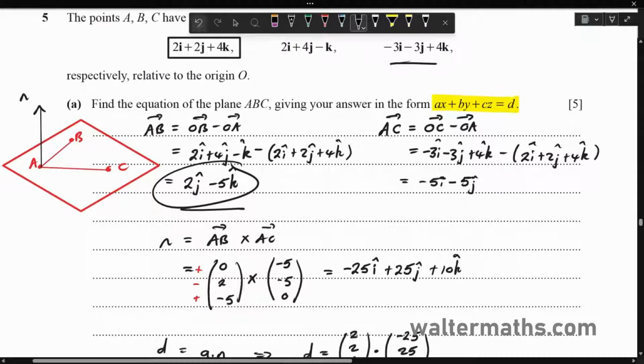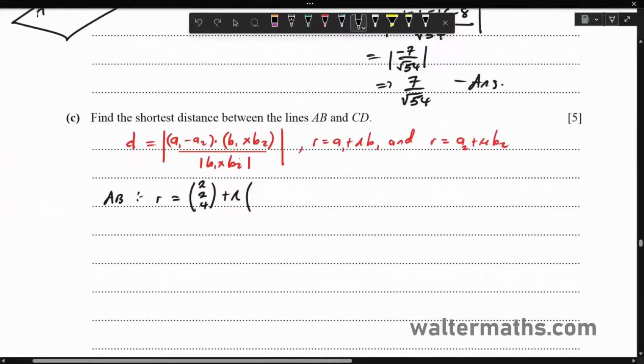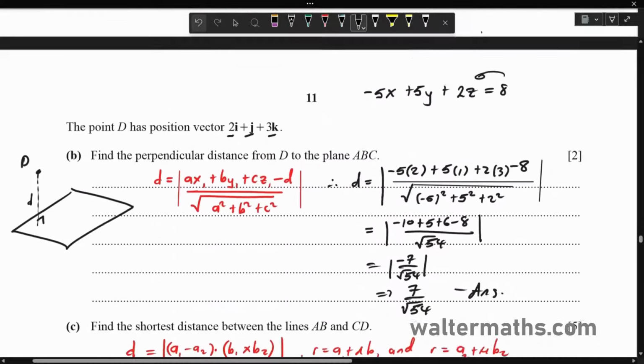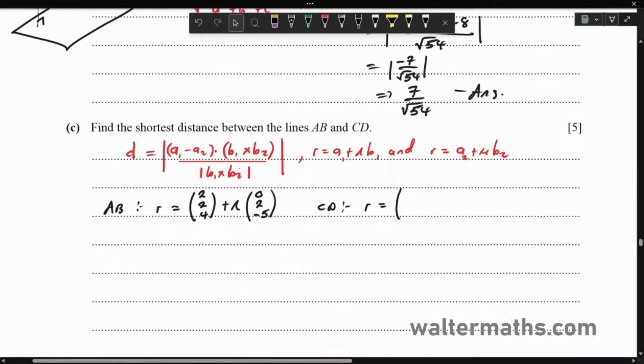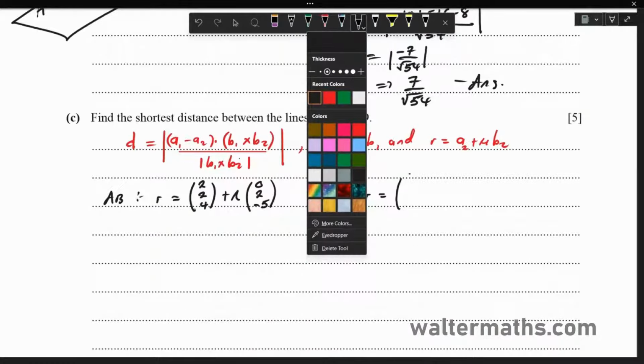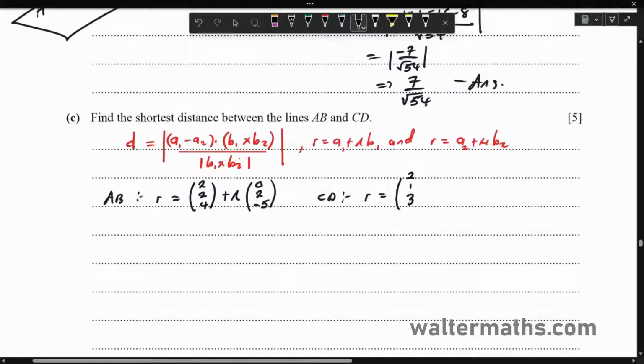That's (0, 2, -5). We will also need the line CD, which will be r equal to a point C or D. Let's take the point D here. That's (2, 1, 3), plus mu of the direction CD.